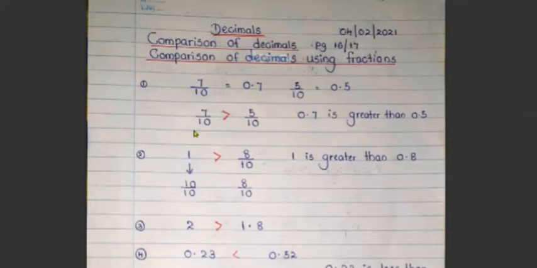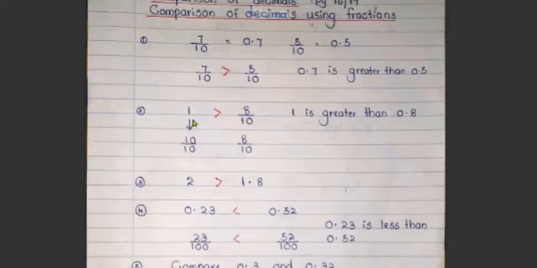Now denominators are equal. Then you have to consider numerators 7 and 5. Which is greater? 7 is greater. So 7 over 10 is greater than 5 over 10. When we write in decimal form, 0.7 is greater than 0.5.